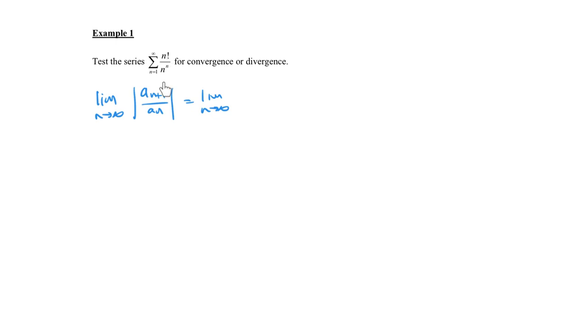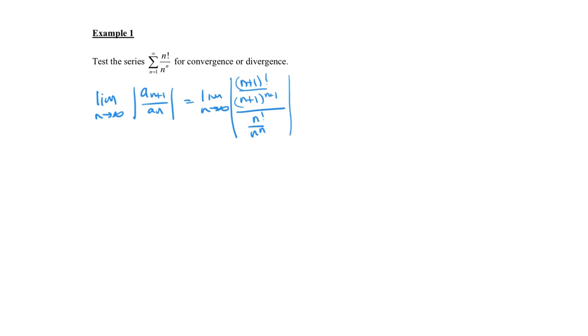So wherever there's an n, I'm going to plug in n plus 1. So that means in the numerator, we're going to get n plus 1 factorial over n plus 1 raised to the n plus 1 divided by a sub n, which is n factorial over n to the n. We wrap both of these in absolute value.